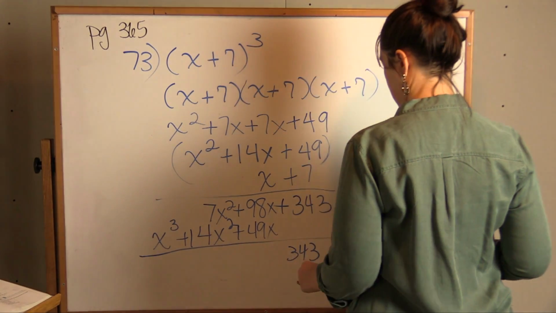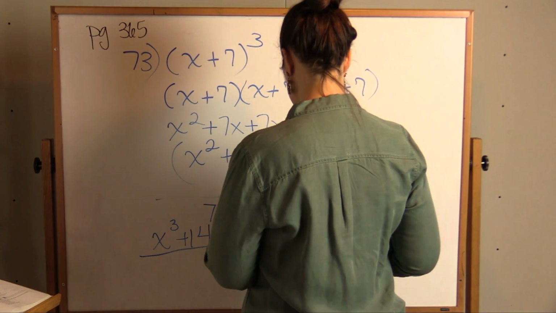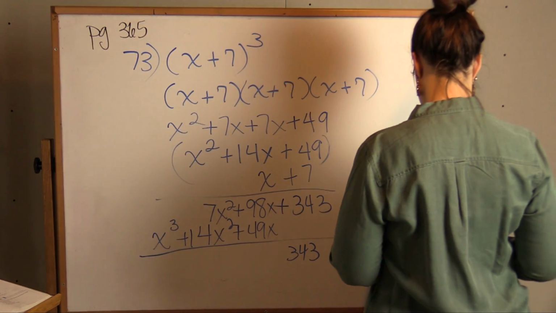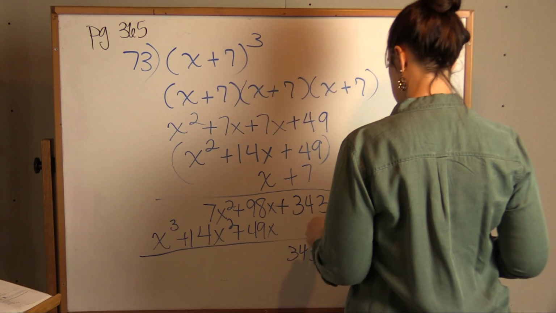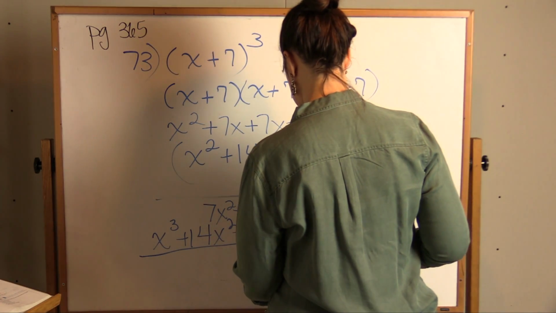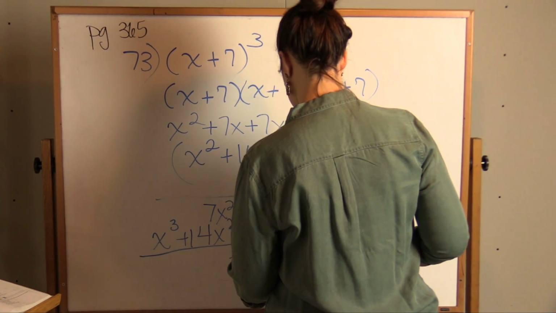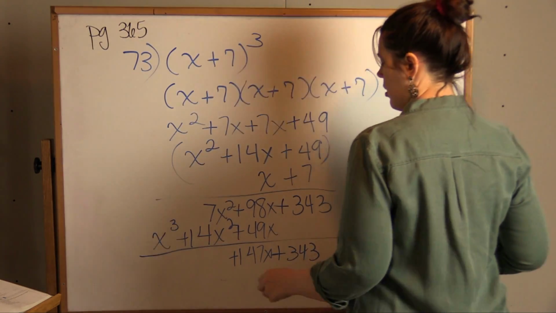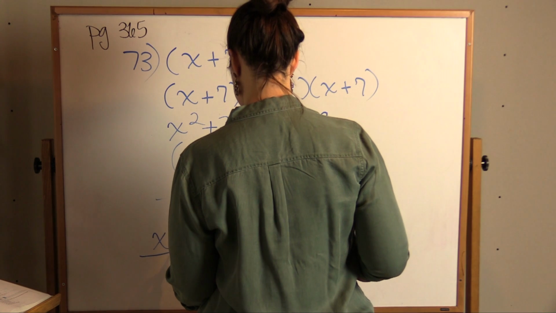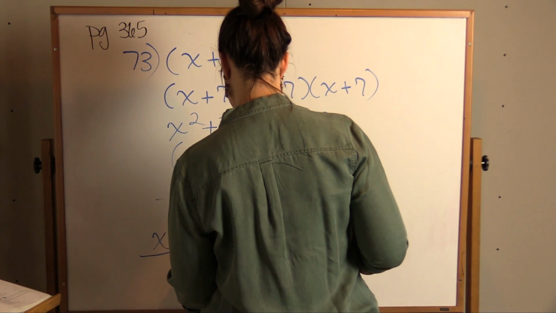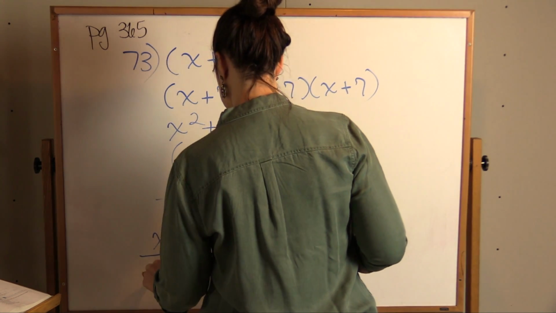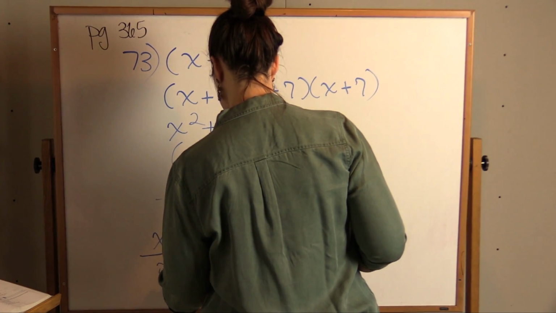343 drops down. 98 plus 49, that's 147x. Then 7 plus 14, so that's 21x squared. And the x to the third just drops.